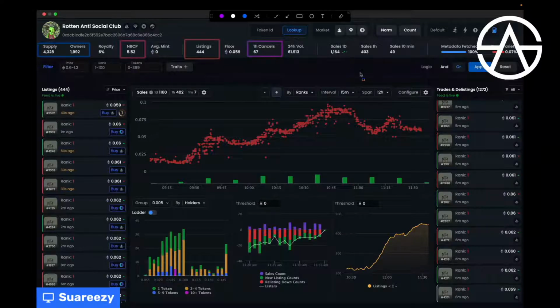This can actually help you out some as well. So seeing the 1 hour cancels, if you start to see lots of people canceling at this point, you probably know that there's some type of indication that there's a reason why these people are actually canceling. So also a good metric to look at.